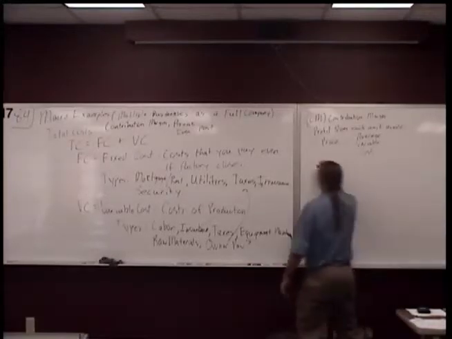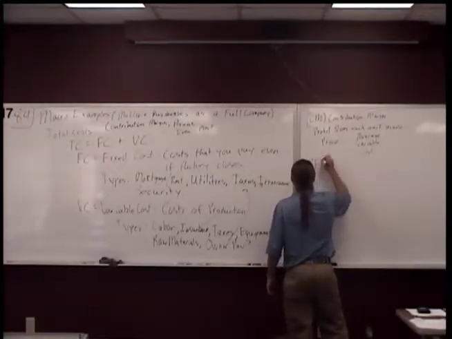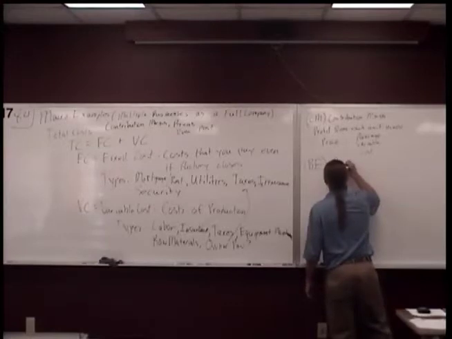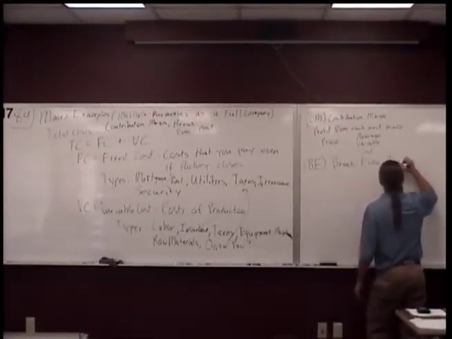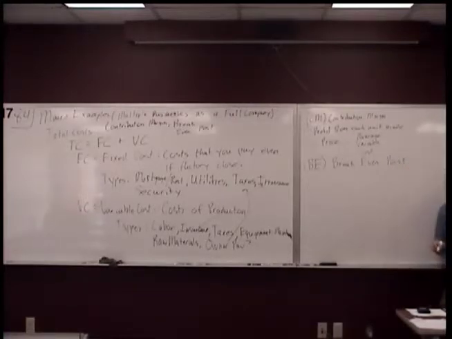Now, the other side of the coin, the break-even point, which I will abbreviate with BE. This basically is how many items do you have to sell to cover all of your costs.